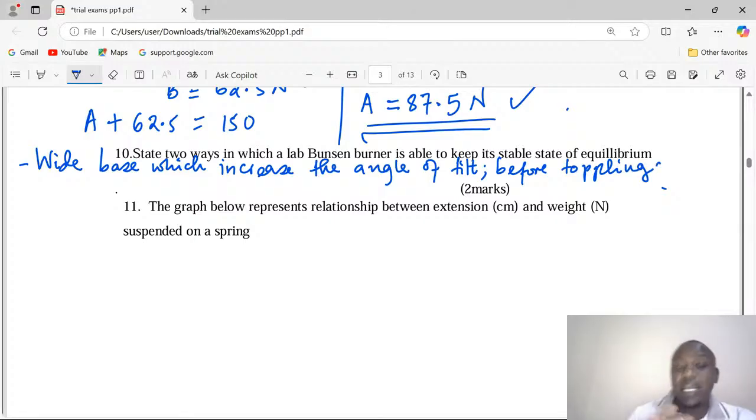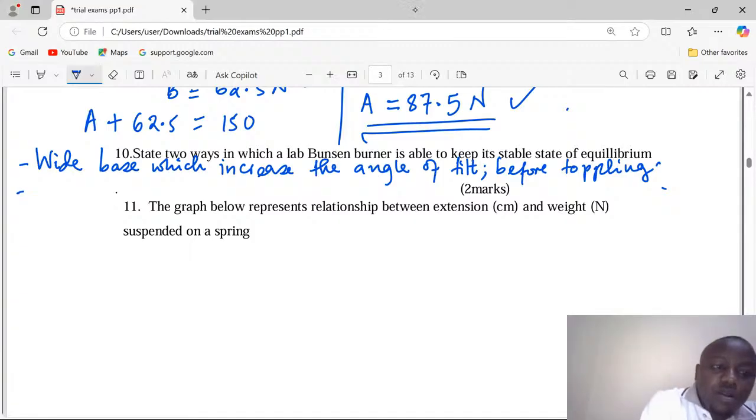So if you displace a Bunsen burner, there is a very big angle which has been increased by the wide base. So before toppling over, it should go through a very big angle of tilt, which might make it very difficult for it to be unstable.